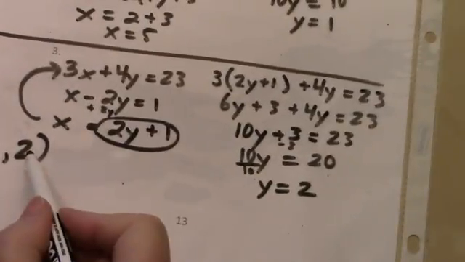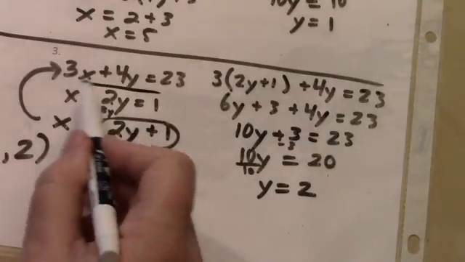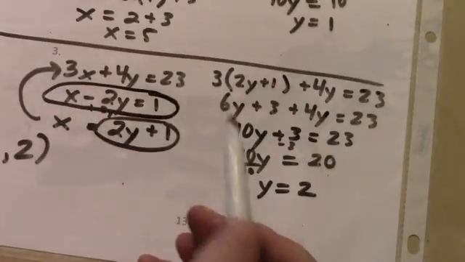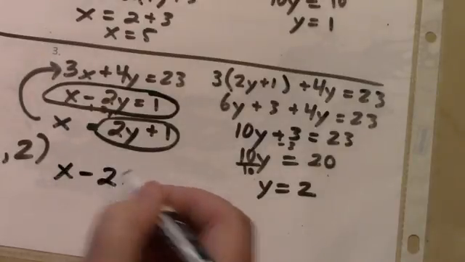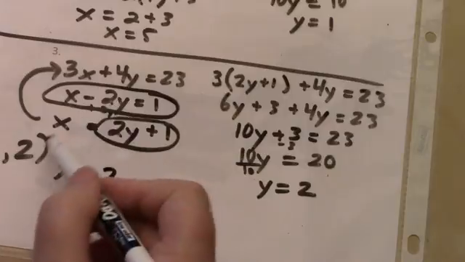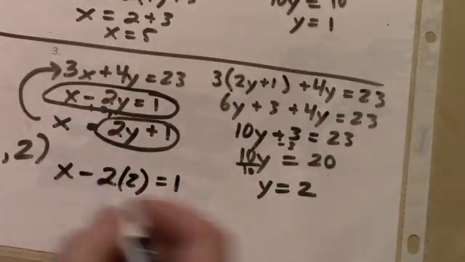Now I'm going to take that information and put it into one of these equations. Let's put it in the easy one, the simple one, right there. So it's going to be x minus 2 instead of y. I now know that y is 2, equals 1.